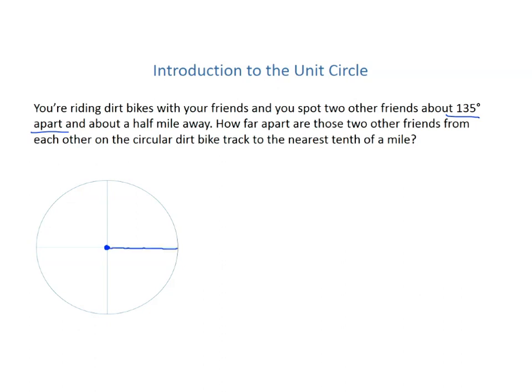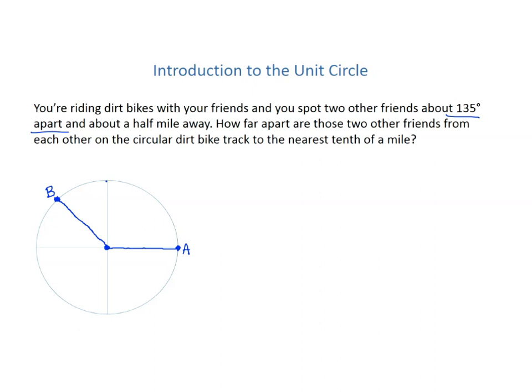So if we start here, here's friend number 1, or let's call him friend A or her. And then 135 degrees is, remember this is 90, so 90 plus 45 would put us right here, and that would be 135 degrees. So there's your friend, and let's call her B.